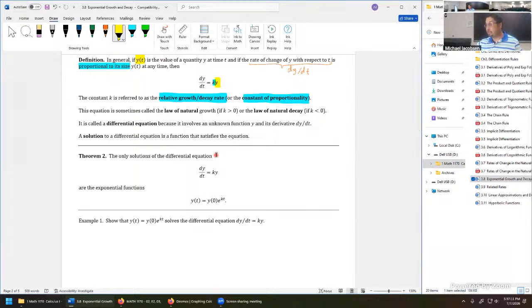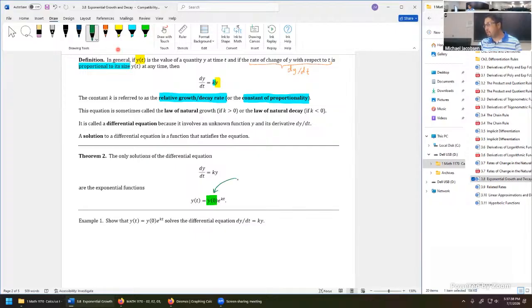Theorem 2 says, if you just write down dy dt equals k times y, it's an equation in the sense that the solution is a function, and this is a bold statement. It says the only solutions to these are these constant multiples of exponential functions. This is the only way you can solve this. You have to have some value, y at 0.